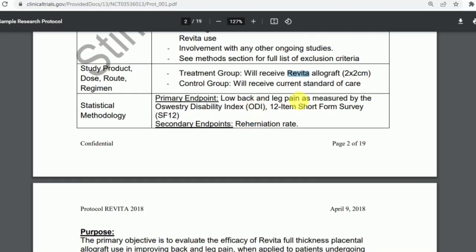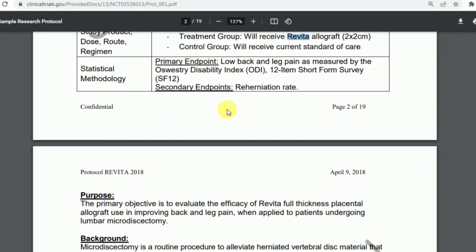So measuring the particular disease is the main objective or the primary endpoint of this clinical trial. And what is the secondary endpoint? It is reherniation rate. So in this trial, reherniation rate will also be checked for the subjects who have the low back and leg pain issue.